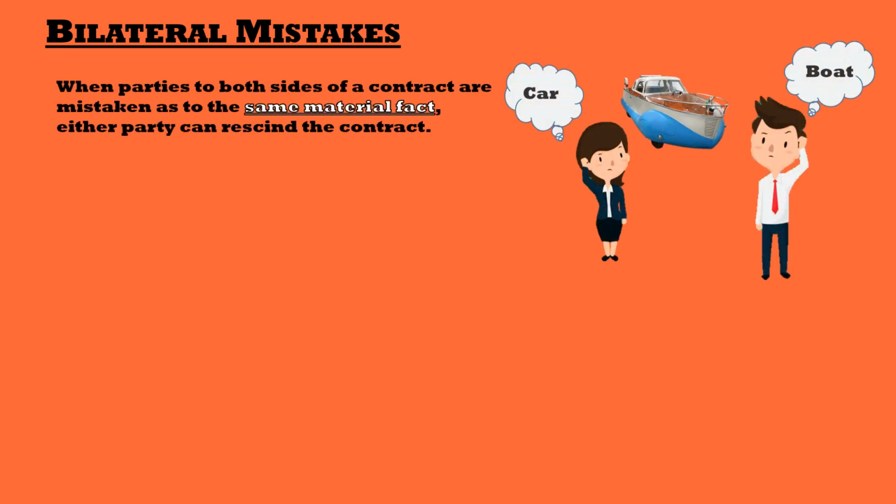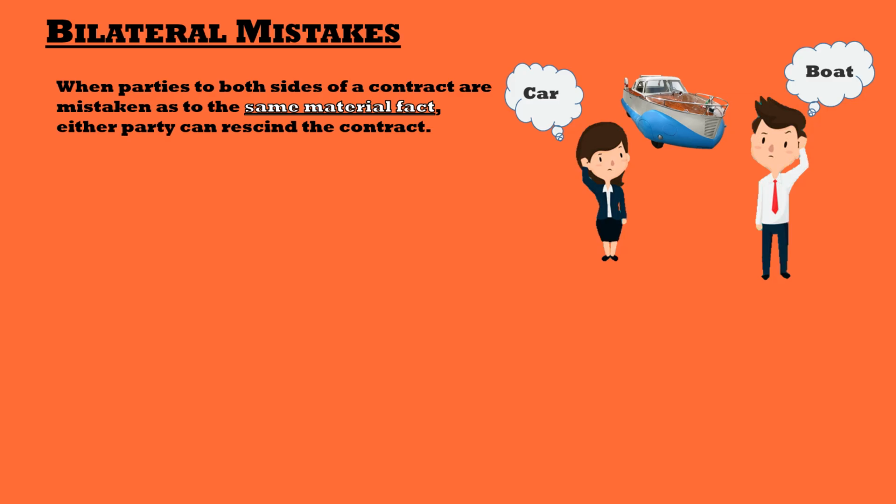The second type of mistake is a bilateral mistake. When parties to both sides of a contract are mistaken as to the same material fact, either party can rescind the contract. If you look at the example, you have 2 people entering into a contract to buy a vehicle.